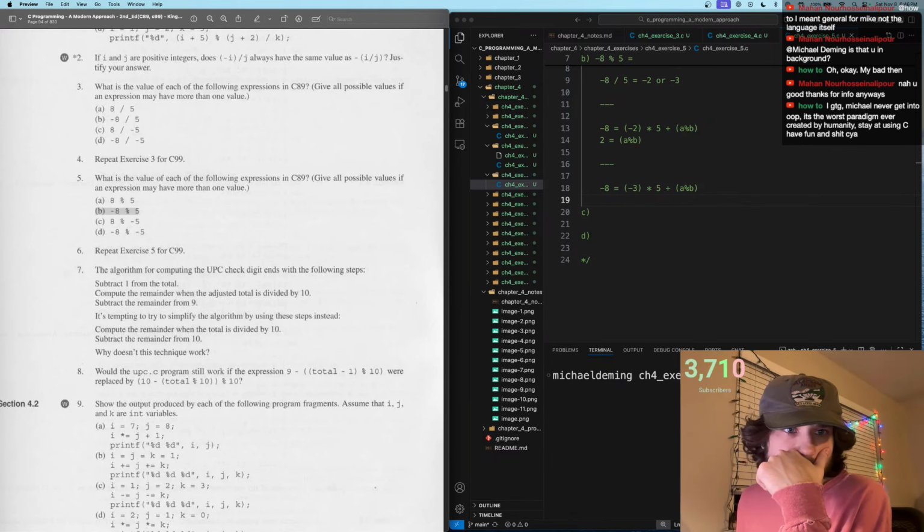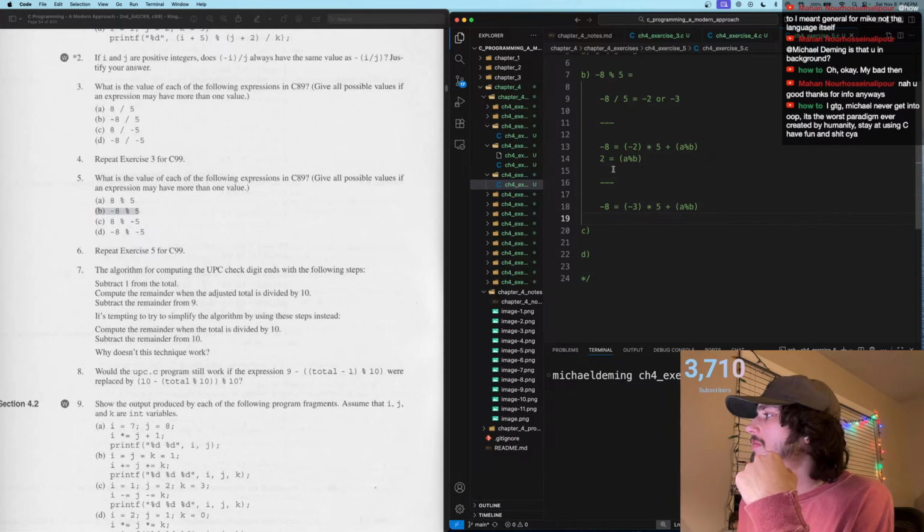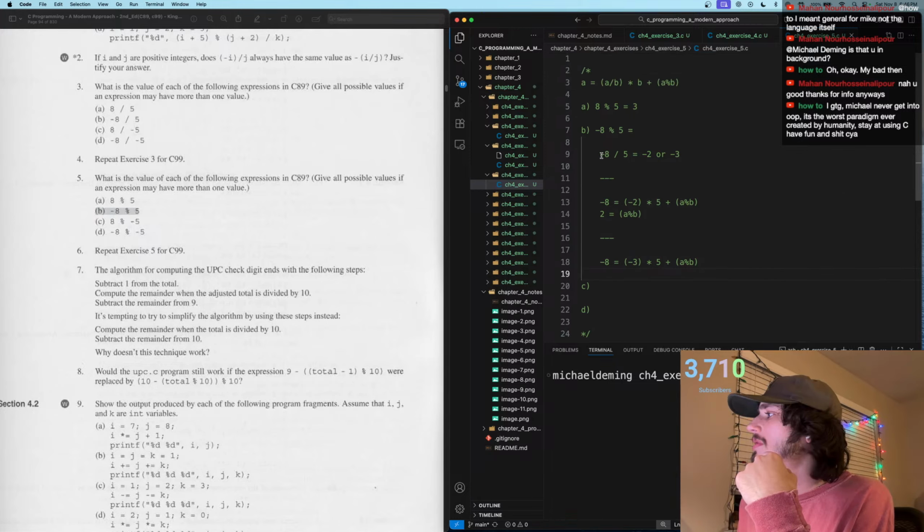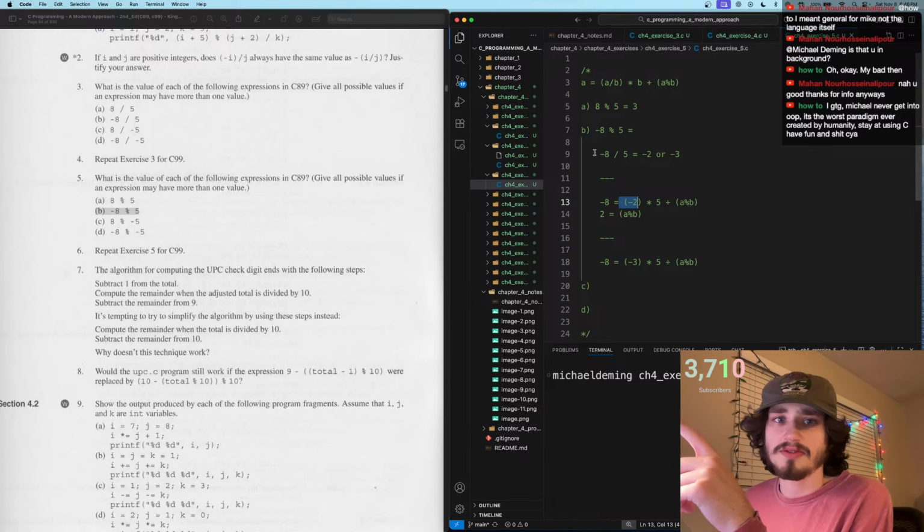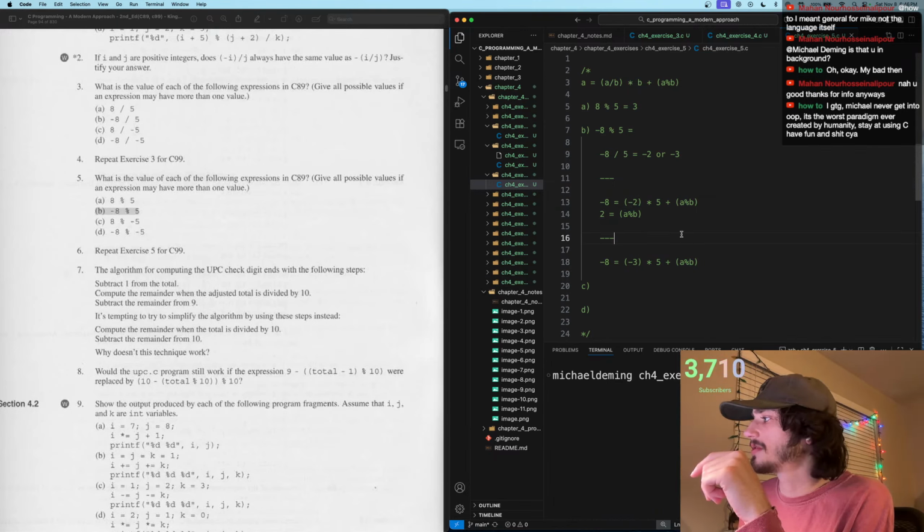Let's work with this one. So negative 8, and here's negative 8 divided by 5 times 5 plus r. Perfect. Okay.